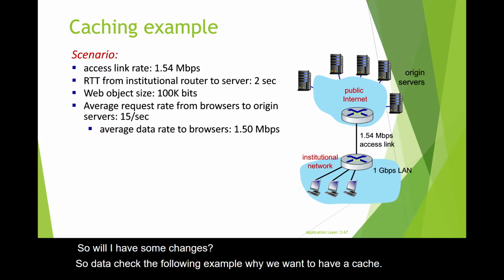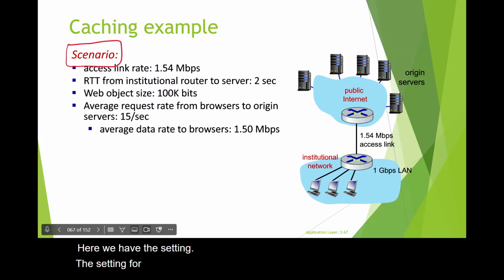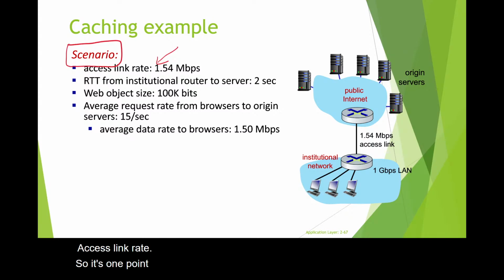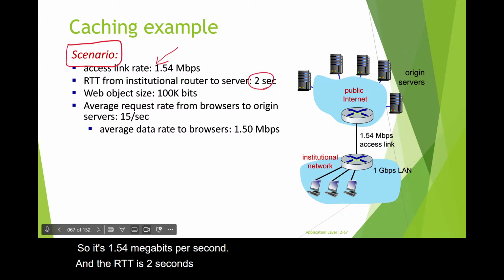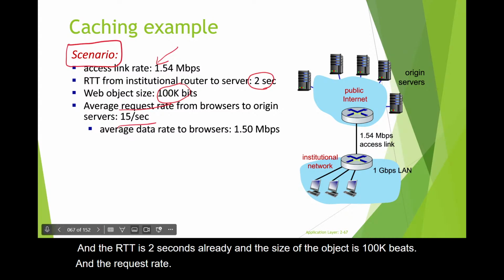Here we have the setting for the scenario. The access link rate is 1.54 megabits per second, and the RTT is 2 seconds. The size of the object is 100K bits, and the request rate is 15 per second.